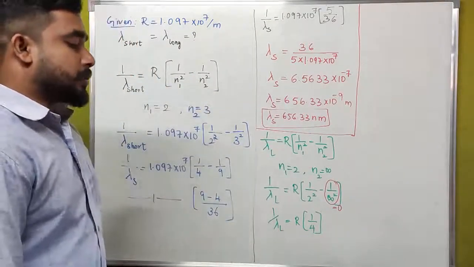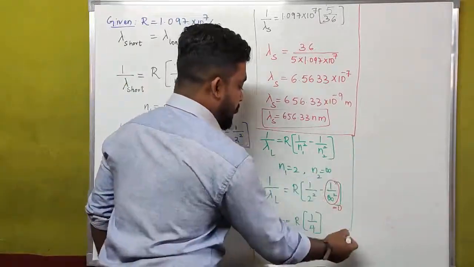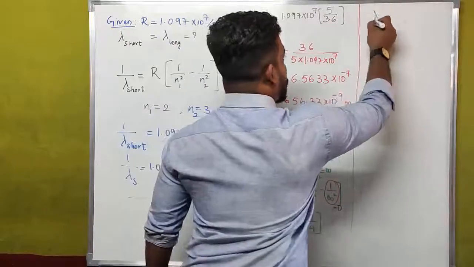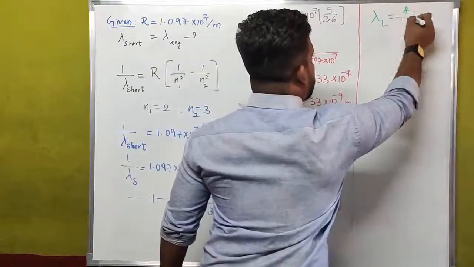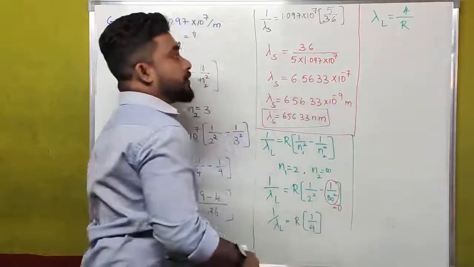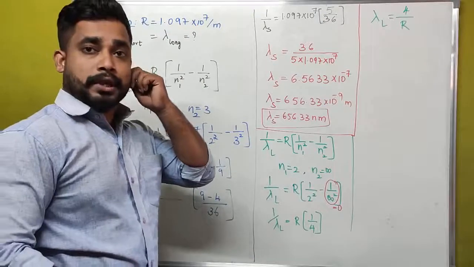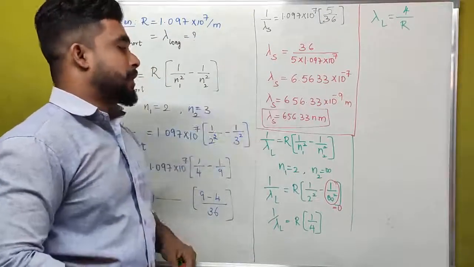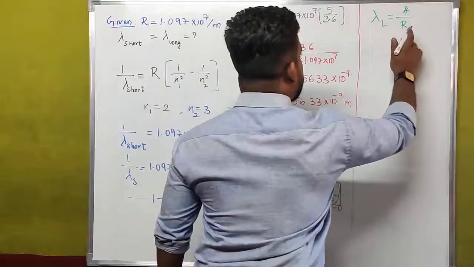What we want here is lambda L, then lambda L is equal to 4 divided by R. If we change the numerator into denominator on both sides, then lambda L is equal to 4 divided by R.